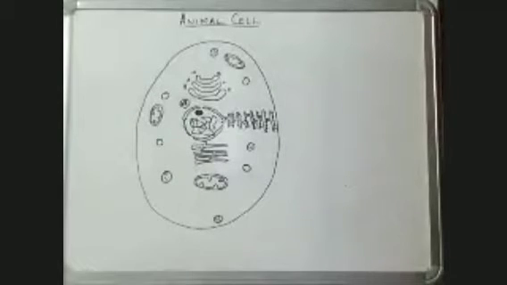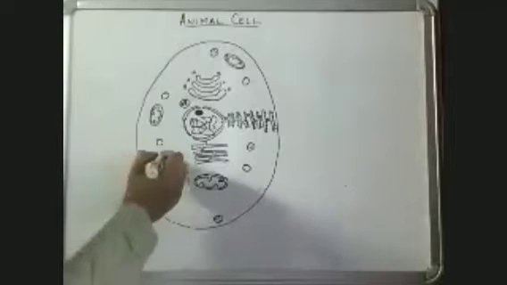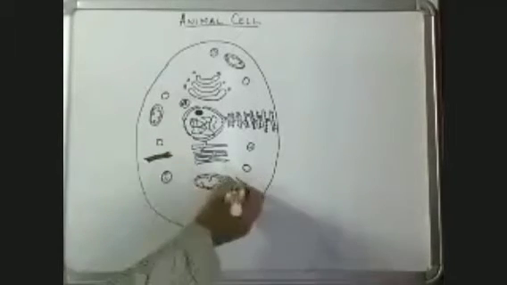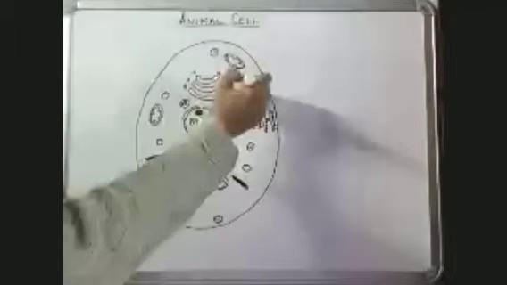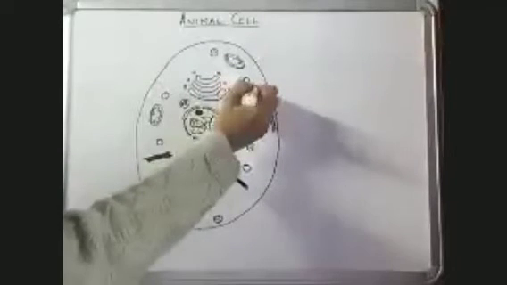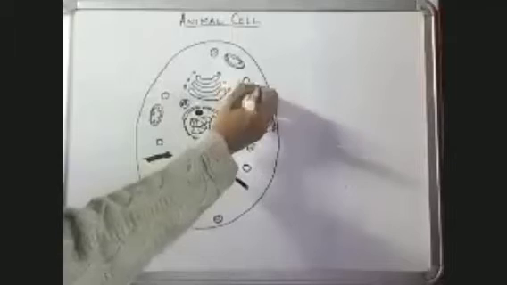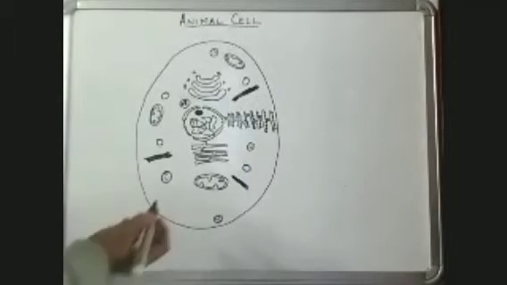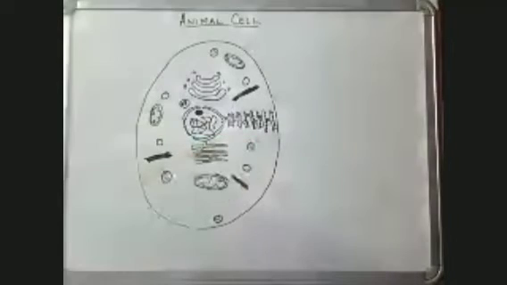And we have the cytoskeleton also. This way we can make some cytoskeleton. And besides this, we have small vacuoles.